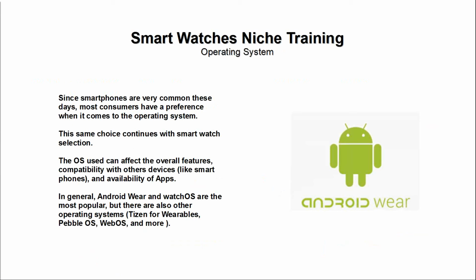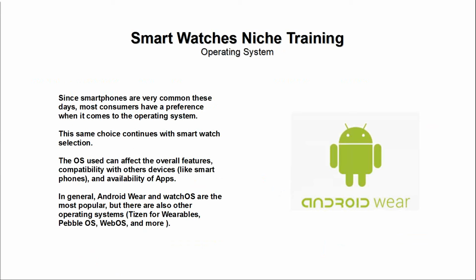There's not as much of a clear division in operating systems with smartwatches as there is with smartphones. For example, Android is the dominating smartphone operating system, whereas Android Wear actually only accounts for about 15% of all smartwatches.